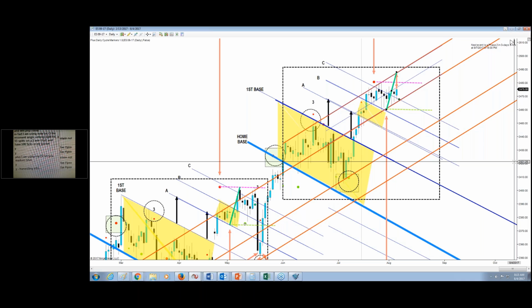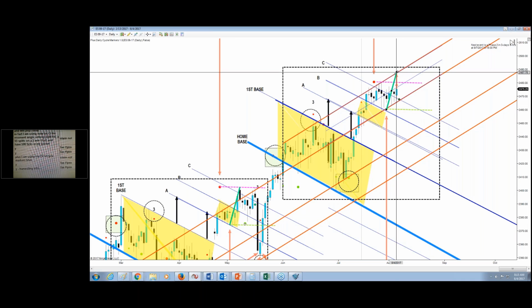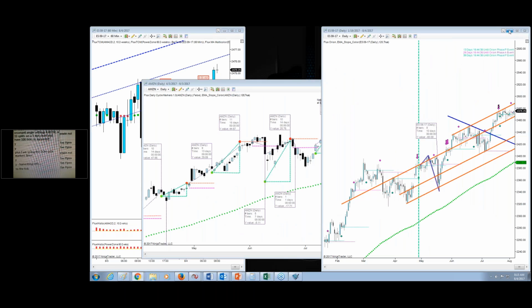We harvested that move from the previous iteration of the pattern, and now it's up here, but look where it ended up. Right at the top of the line. 2487.75. To the tick. I'm just saying. So that's the ES.